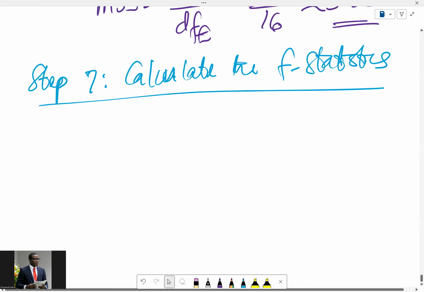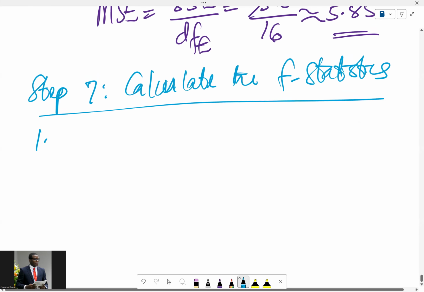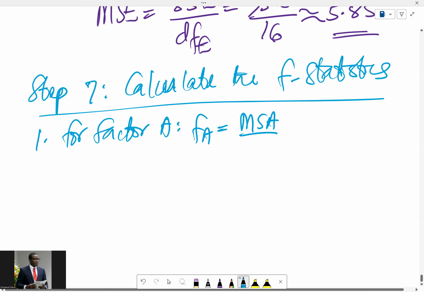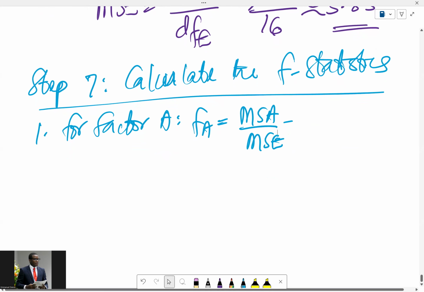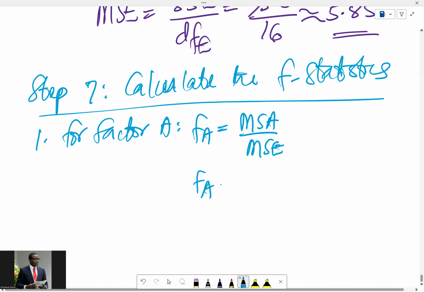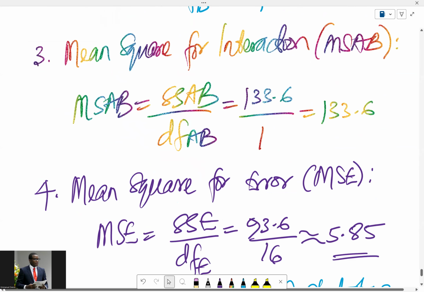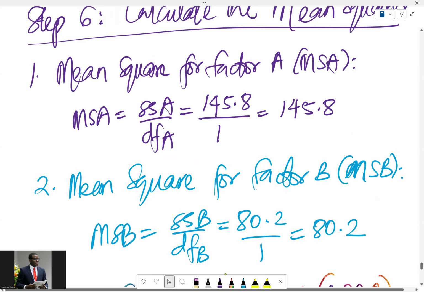For each factor we have to do this. For factor A, F of A is MSA divided by MSE. Each one will be divided by MSE. You can see each step leads to the other.